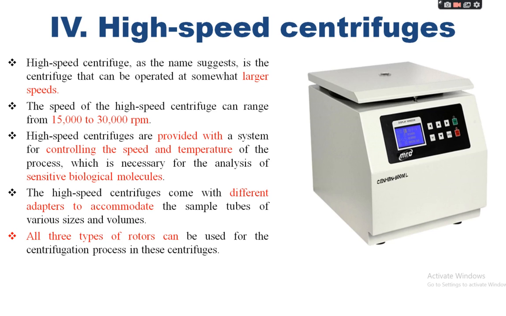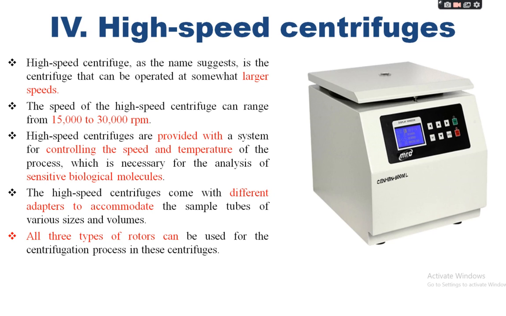High speed centrifuges are provided with a system for controlling the speed and temperature of the process, which is necessary for the analysis of sensitive biological molecules. So we can control the speed.